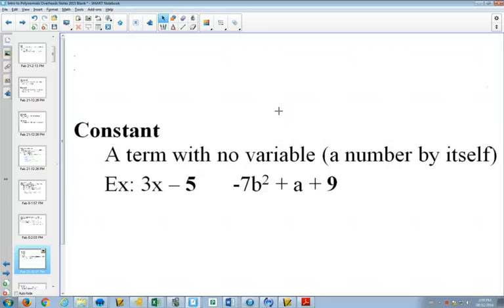Coefficient. Some students get constant and coefficient mixed up because the words start the same way. So how are you going to remember that coefficient is the number in front and constant is a number by itself?